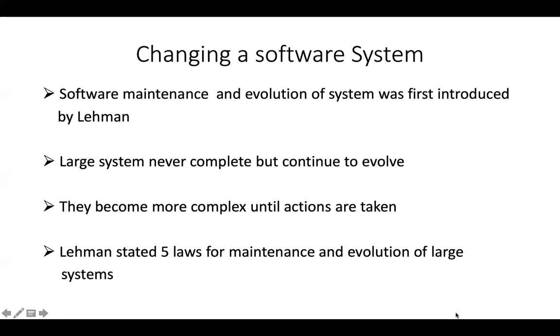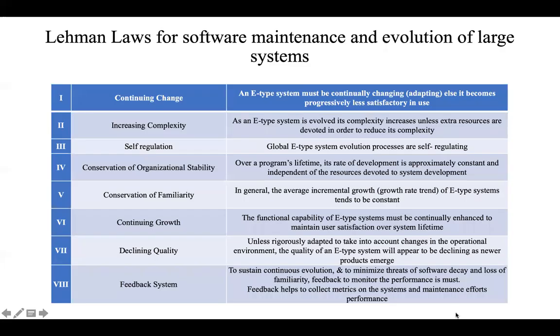As the systems evolve, they become more complex unless we take some action in order to reduce their complexity. This was the major key observation in Lehman's law. Lehman stated a law in which there were actually 8 laws, it's not 5 laws, it's 8 laws, which we'll be seeing in the next slide.